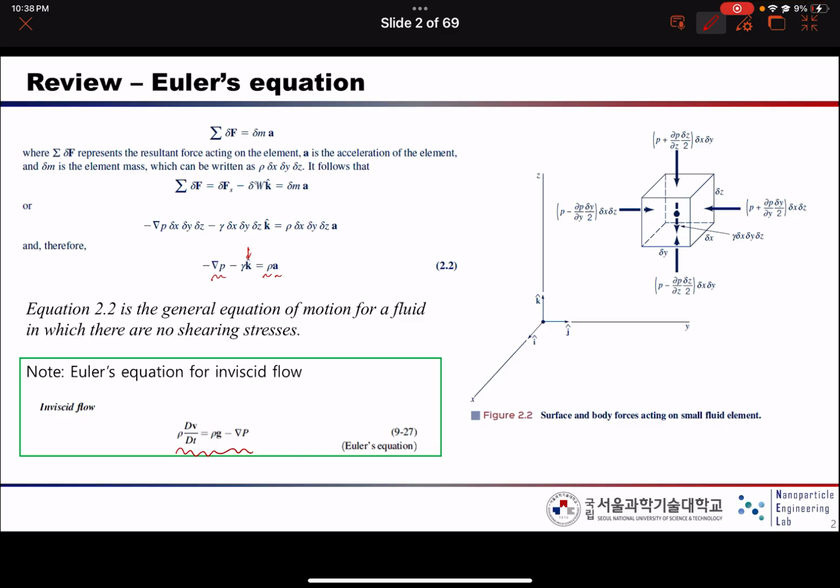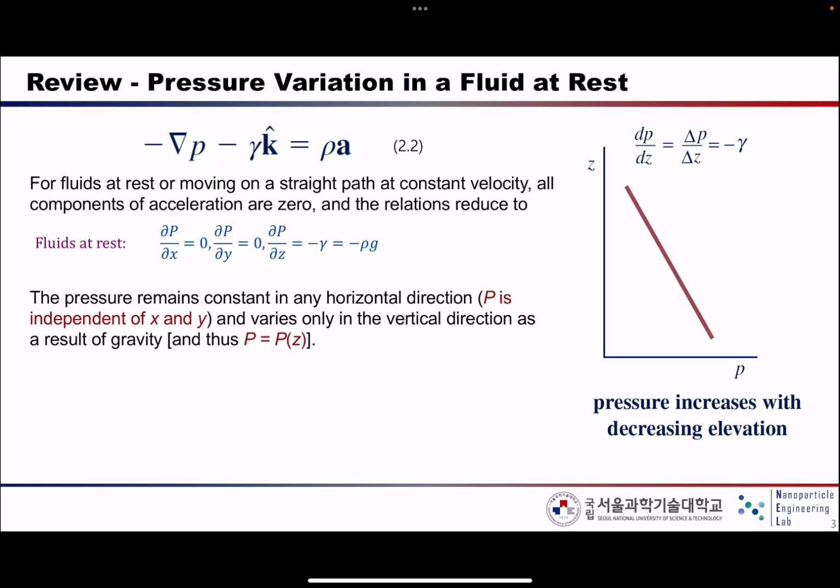In deriving Euler's equation, we assume that there is no shearing stress. Because of this equation, the pressure only depends on the z direction, the same direction as gravity.